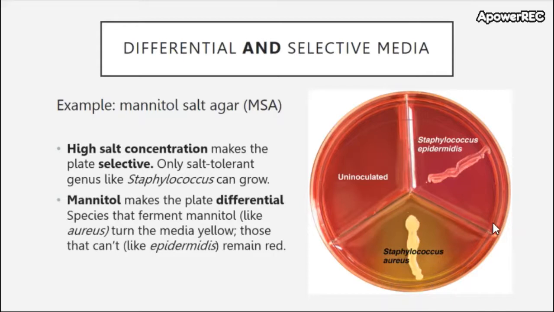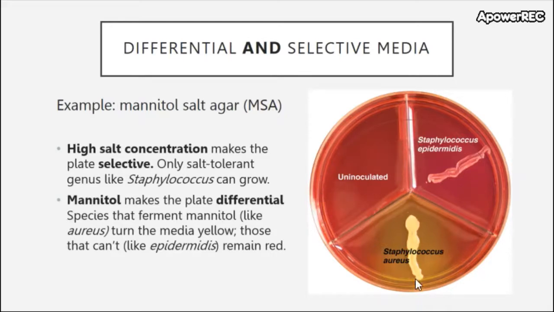And if you remember in that image I showed you of the wort fermentation with the beer, as the sugars get consumed, acids can be produced by certain microbes. So if mannitol is a sugar that the organism is able to degrade and make acids from, it will change that phenol red from a red color, as you can see in this uninoculated example, into a yellow color.